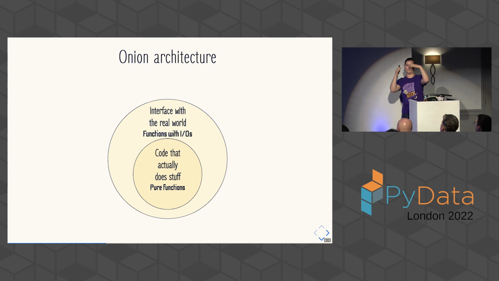So the first thing you do and the last thing you do in your code is the outer layer of your code base. And all the code that's actually the computations, all your business logic, all the things you really care about and want to have thoroughly unit tested, goes into this functional core. All of that is going to be pure functions.